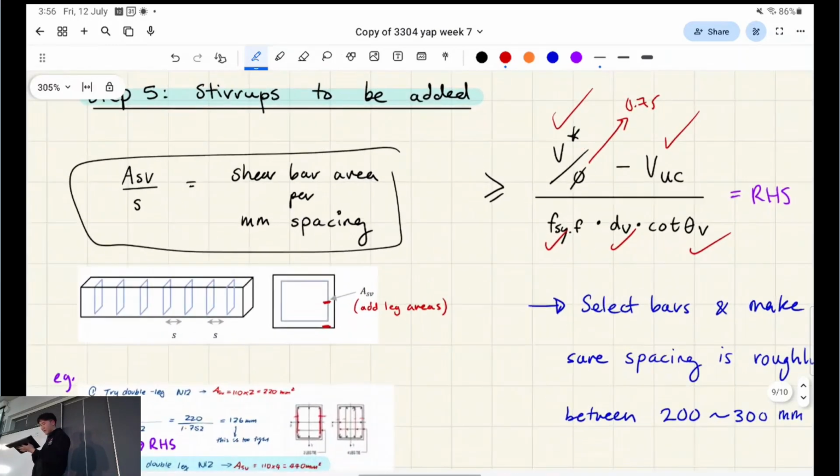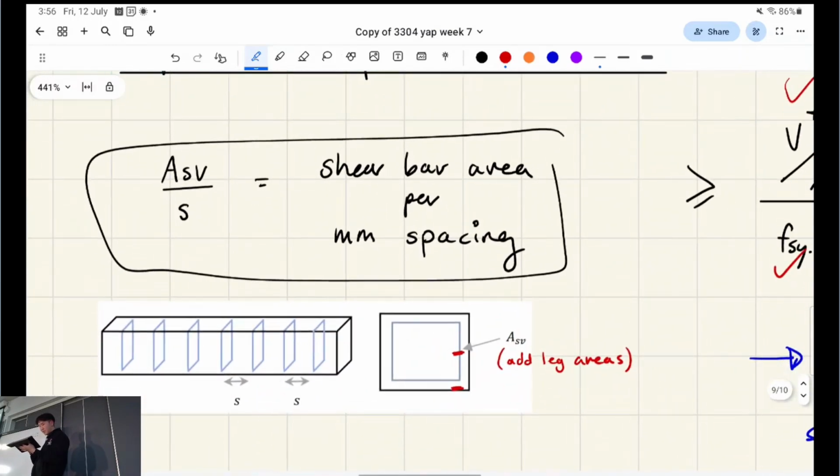Okay. The actual shear bar area, I want to talk about this before I finish up. The shear bar area itself, we have to consider all of the legs. So this is called a double-legged, let's say it's an N10. This is a double-legged N10.